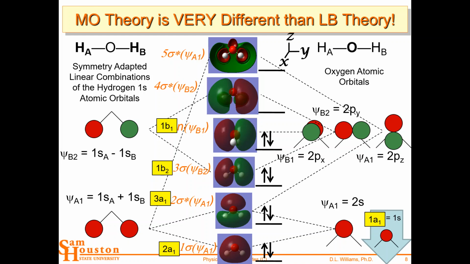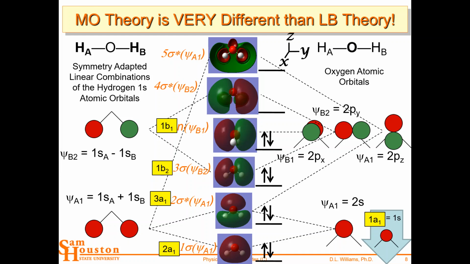Now you can still look at this and say that this orbital contributes something to the OH bond because you've got these positive nuclei and there's electron density around and between those positive charges. You look at this one, and this has a node in the middle. So this particular molecular orbital does not really contribute to the bonding between the oxygen and the hydrogens.